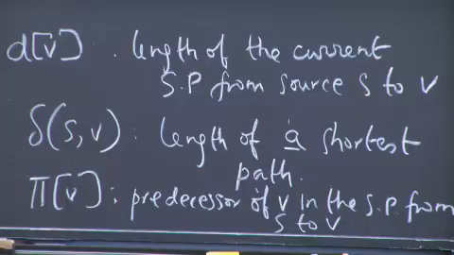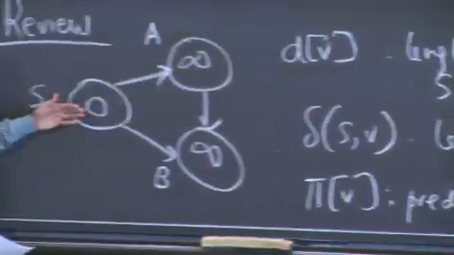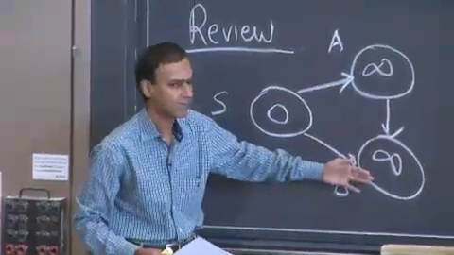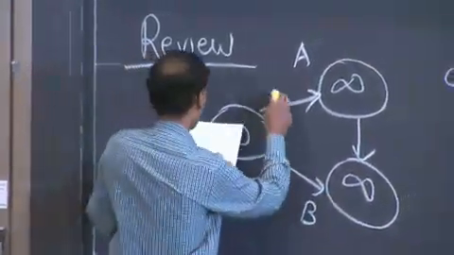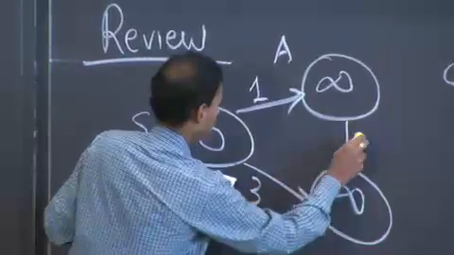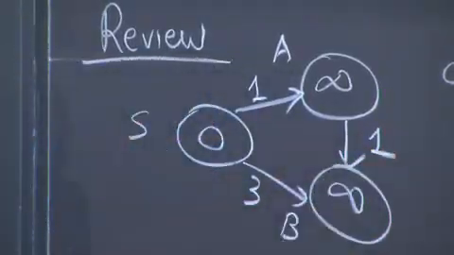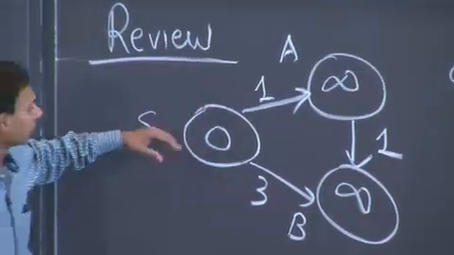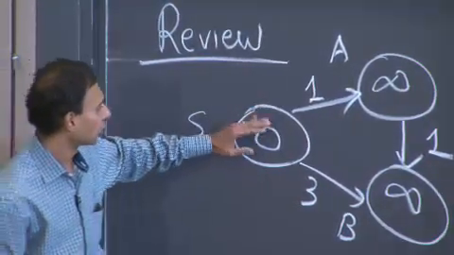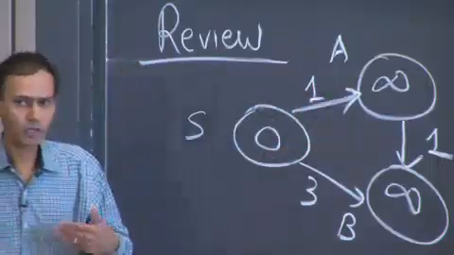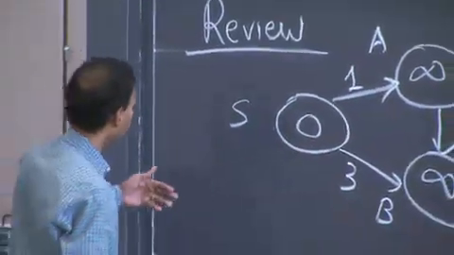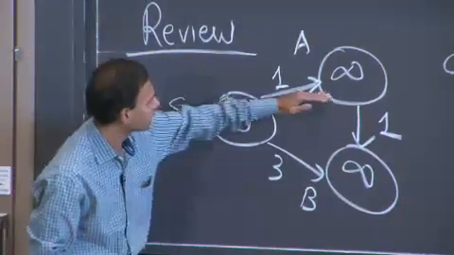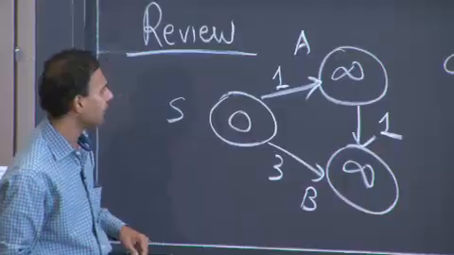So in this trivial example, you start with d of s being 0, and d of a and d of b being infinity. Let's put down a few weights here. And what you do is potentially relax the edges that go out of S. This notion of relaxation, which I'll write out formally in a minute, is a process of following this edge and updating the d of a value.